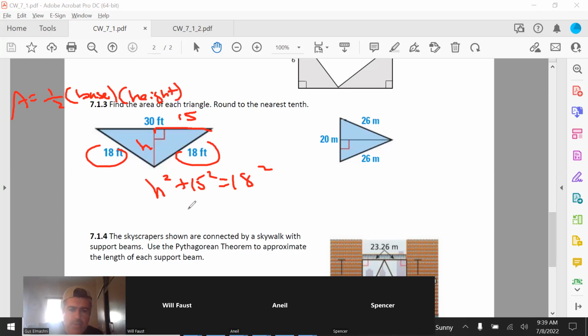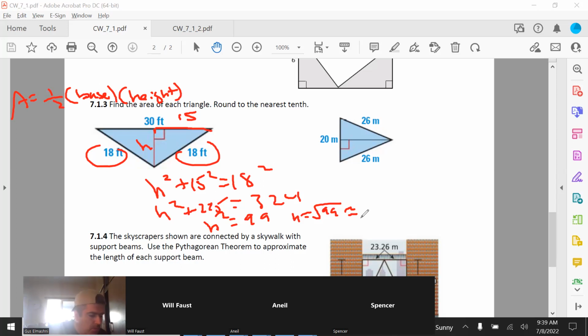So if you solve it, you should get 225. And I think that's 324, but I'll use a calculator. Yeah, 324. That gets us 99. So H is root 99, which is approximately 9.9.